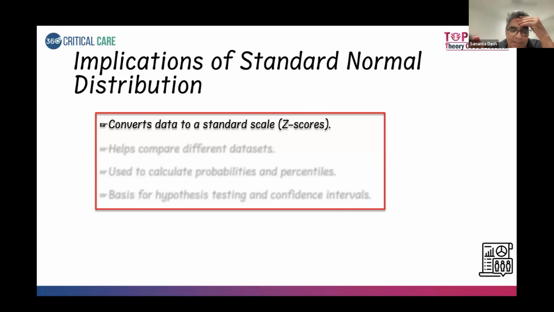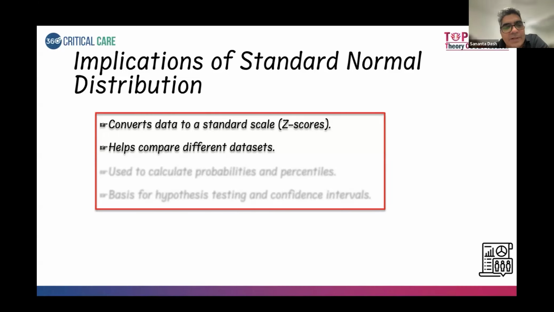It is a dimensionless score that can be used to compare with any data set, whether you take weight from India, the UK, or any other country using a different unit. So it converts the data into a standardized form, the Z-score, and statistical analysis can be done from there.